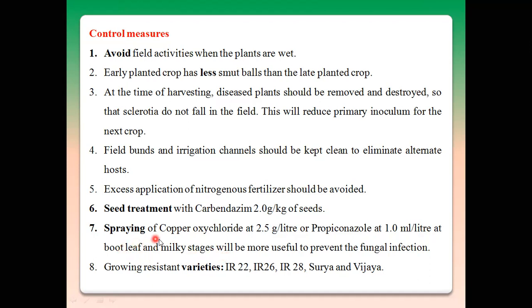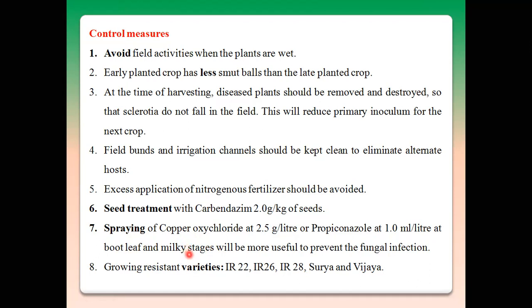These are the two growth stages of rice. Initial infection is generally seen in the rice plant at boot leaf stage, but symptoms are not developed. But after the milky stage, this fungus attacks the ovaries. So these ovaries develop into smut balls.